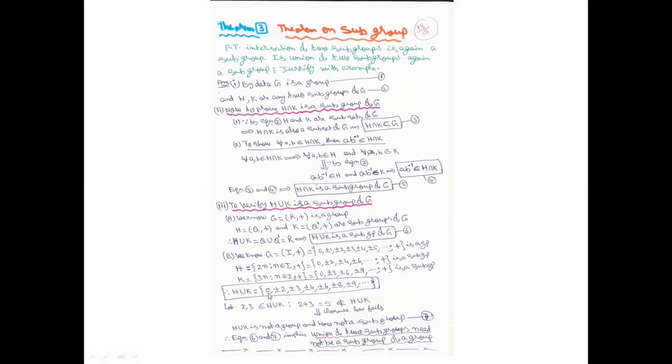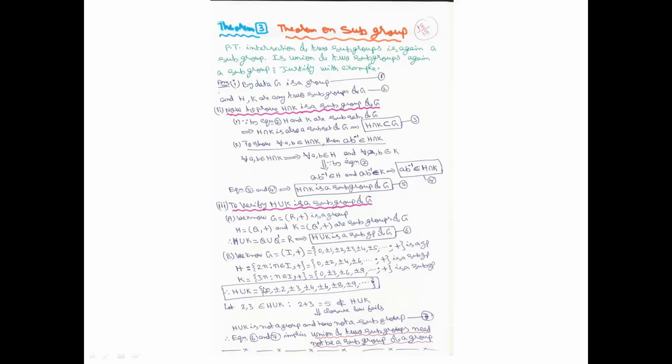Take the union: 0, plus or minus 2, plus or minus 3, plus or minus 4, plus or minus 6, plus or minus 8, plus or minus 9, and so on. Now, it is a subset of I.